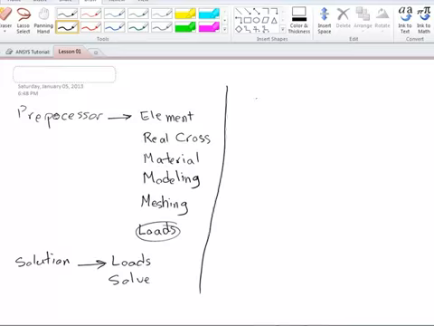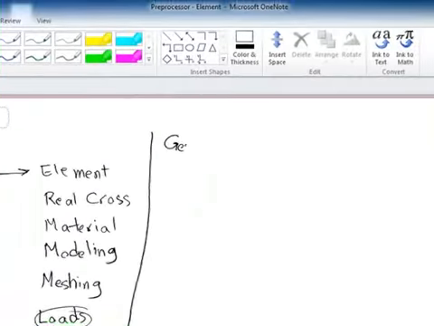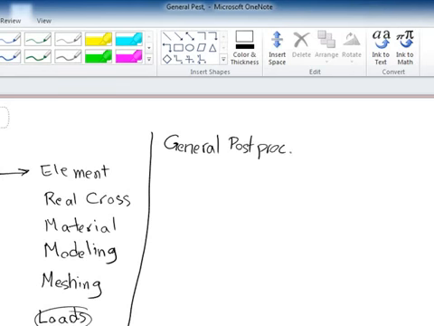After you're done with your analysis, what you have to do is to read your results, which is under the general step, which is called general post process, during which you can read results.